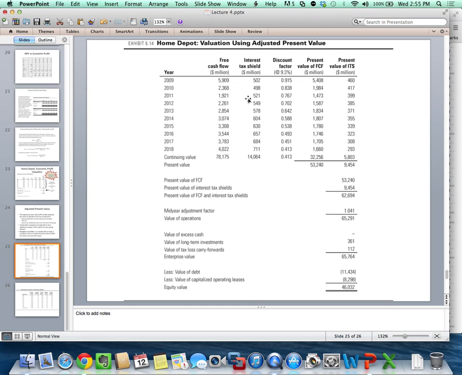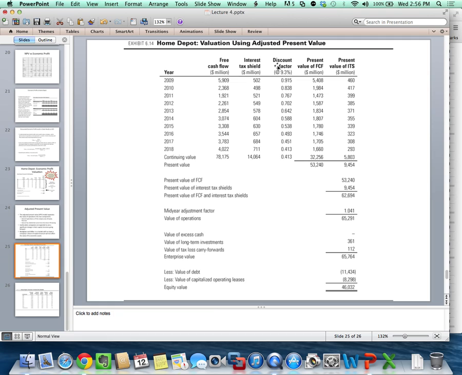I then discount both of these cash flows at a higher cost of equity, specifically an unlevered cost of equity, as if I were a 100% equity firm with no debt. So rather than discounting the cash flows at a WACC in an APV model, I discount the cash flows at a higher cost of equity. Specifically an unlevered cost of equity.